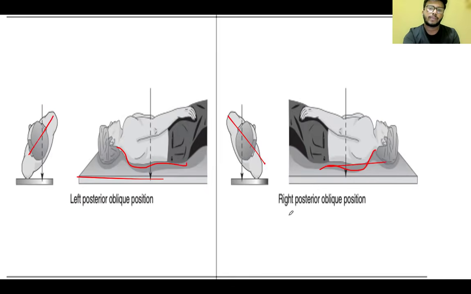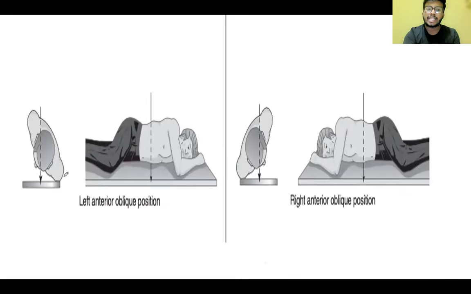Left anterior oblique means the patient's left anterior side is in contact with the image receptor and the patient is rotated. Right anterior oblique means the patient's right anterior side is in contact with the image receptor, and the patient is rotated. So clear? Oblique projection means a rotated projection, a rotated part. I hope it is clear.